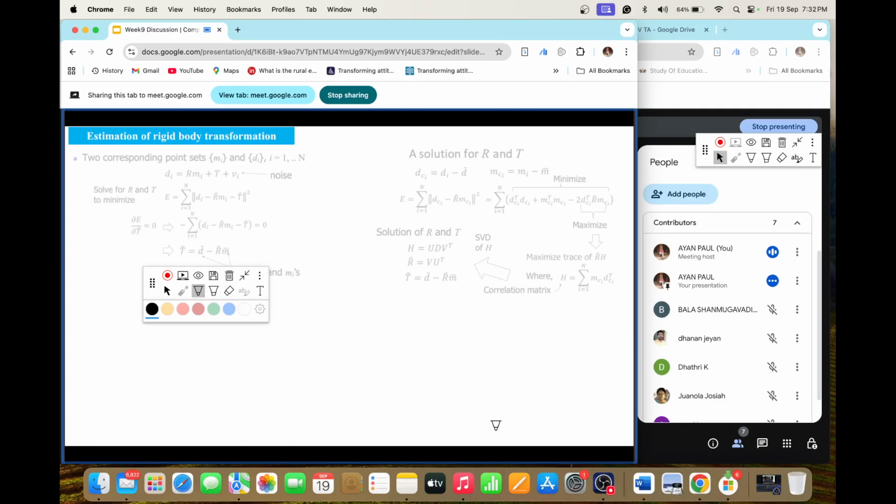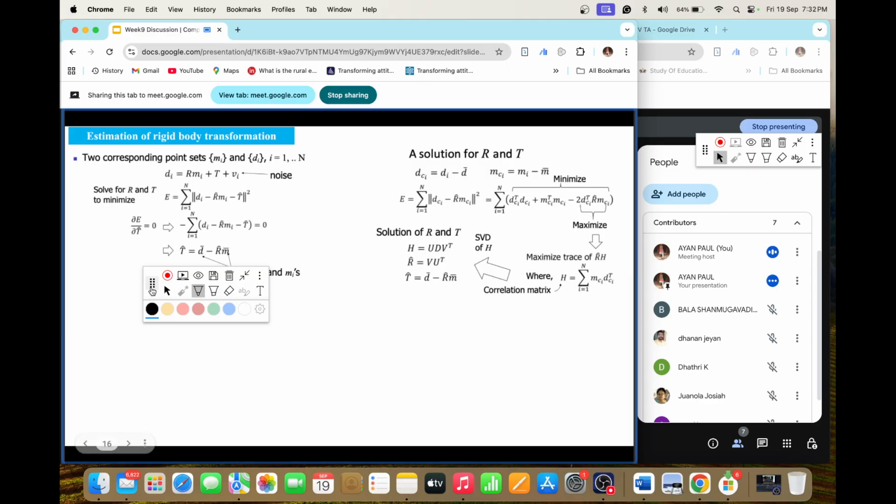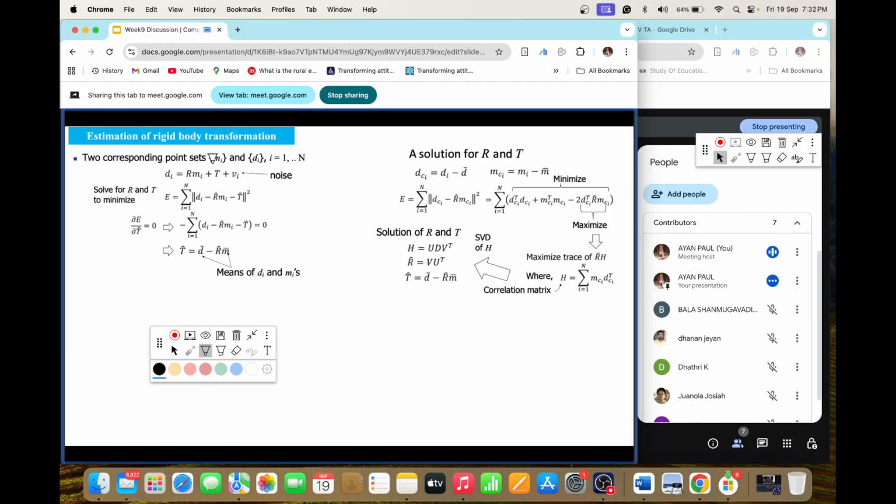If I say it by the formula, mi and di are two corresponding points in the two scans. So di equals R into mi plus t plus vi, where vi is some noise, which you can just ignore. So what will be the error? The error will be di minus (R mi plus t).